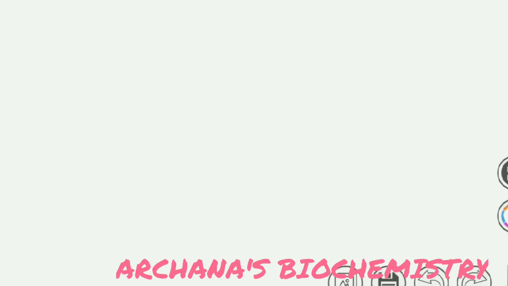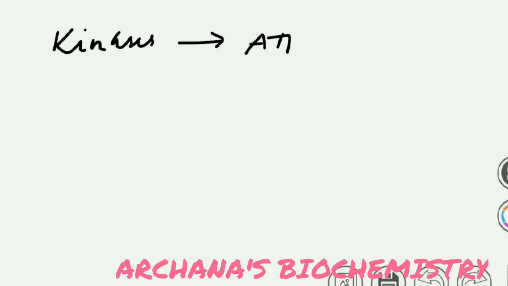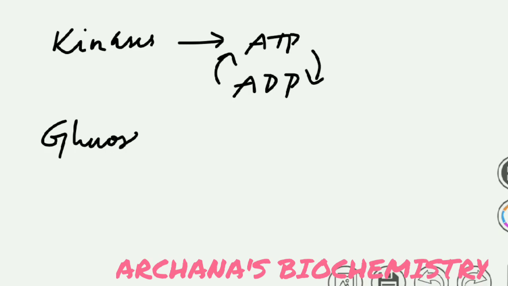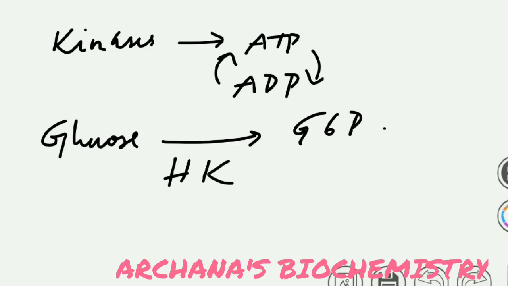Now let's move on to energetics. So wherever kinases are involved, there is either utilization of ATP or regeneration of ATP. Now let's see the first enzyme, hexokinase, where glucose is converted to glucose 6-phosphate. There is an addition of a phosphate group.